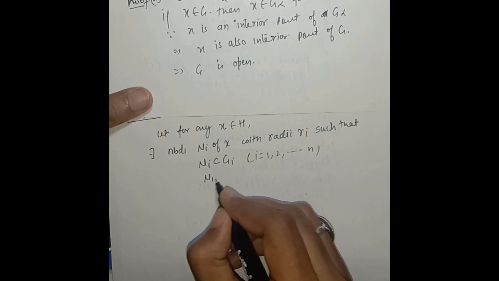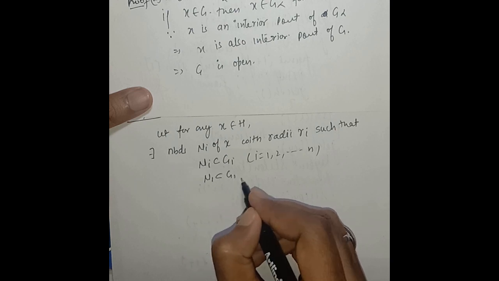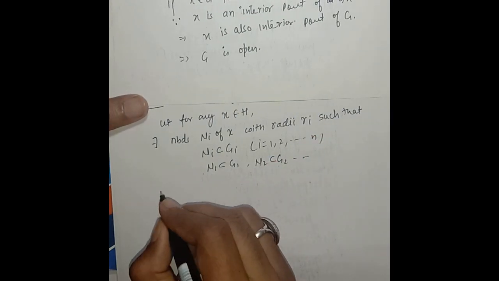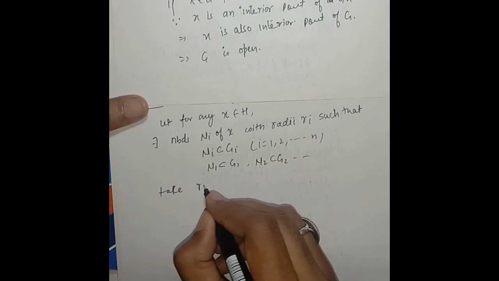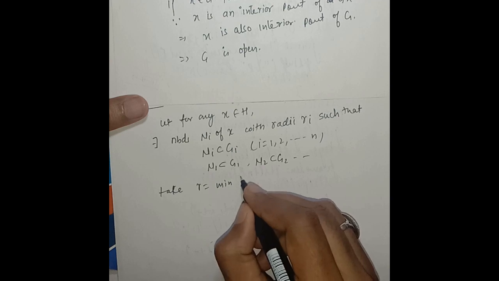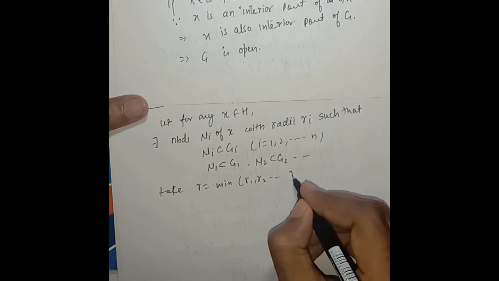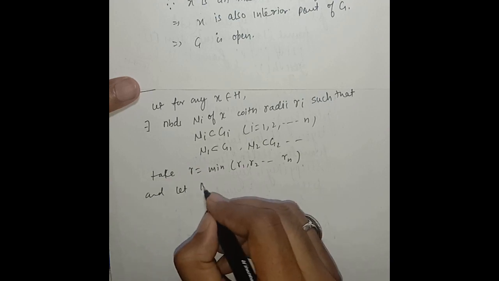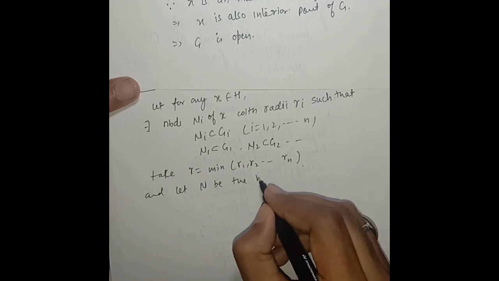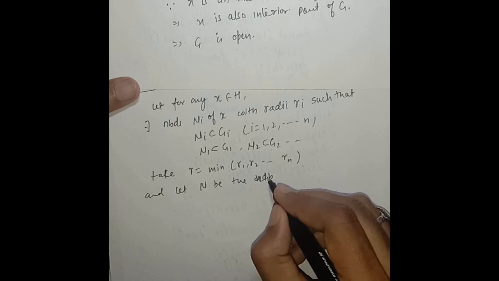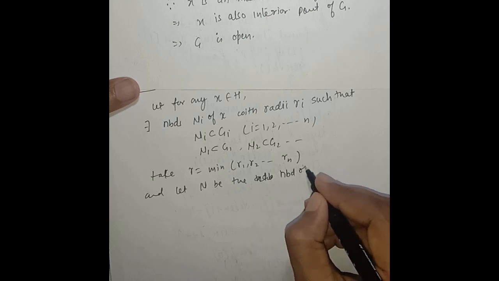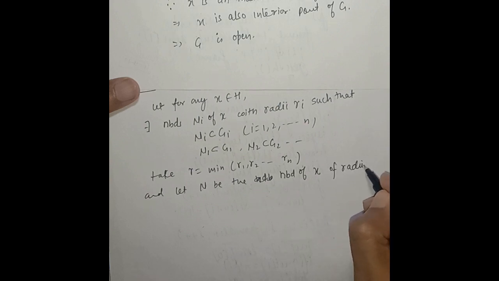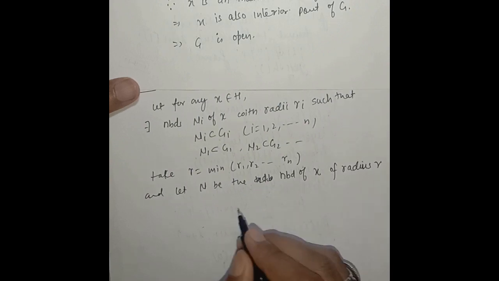That means N1 is the neighborhood of x in G1, N2 is the neighborhood in G2, and so on. Now take r equal to the minimum of r1, r2 up to rn, and let N be the neighborhood of x of radius r.